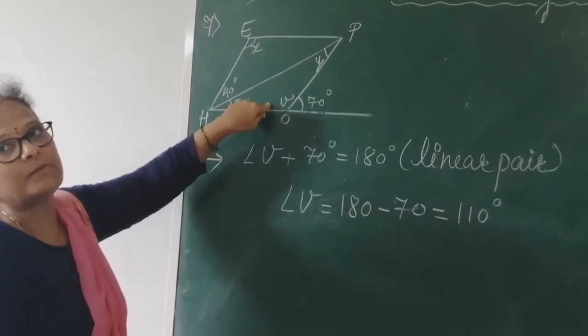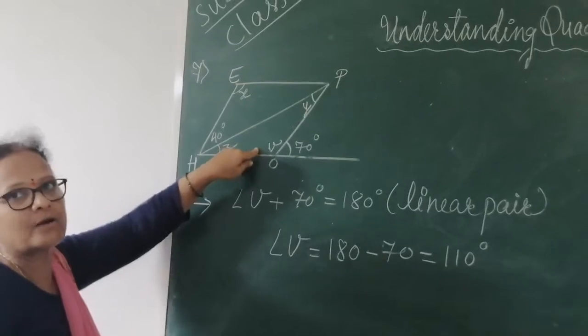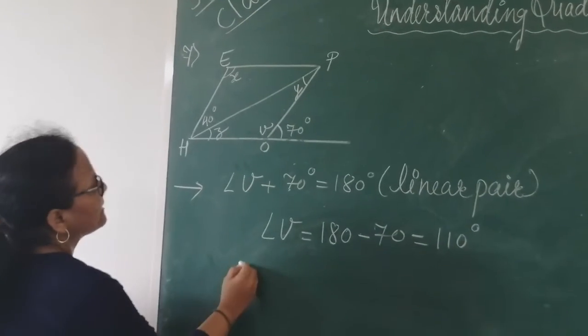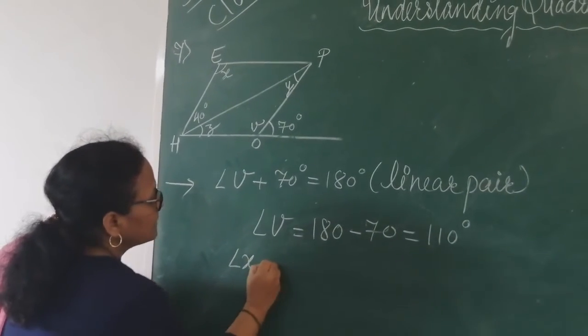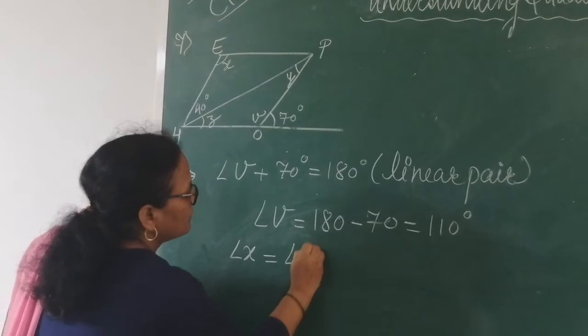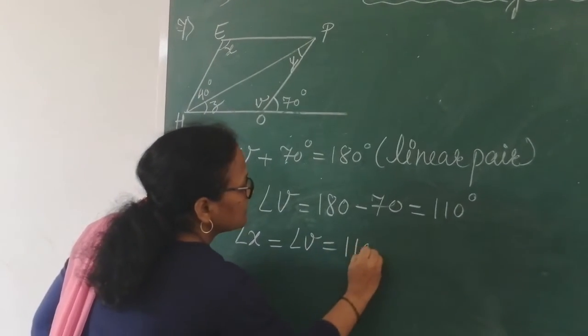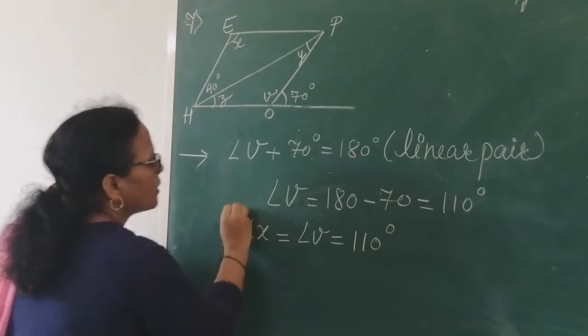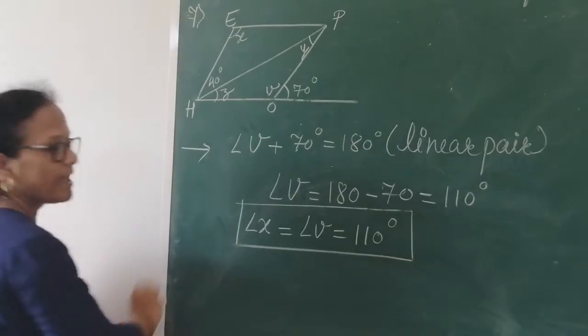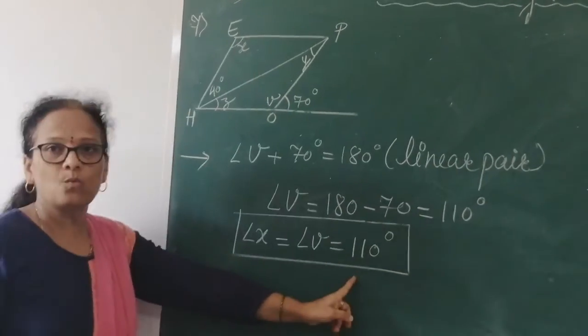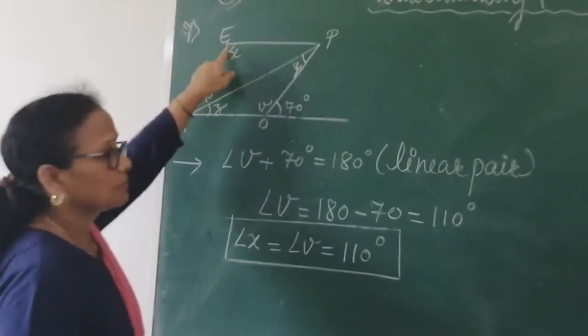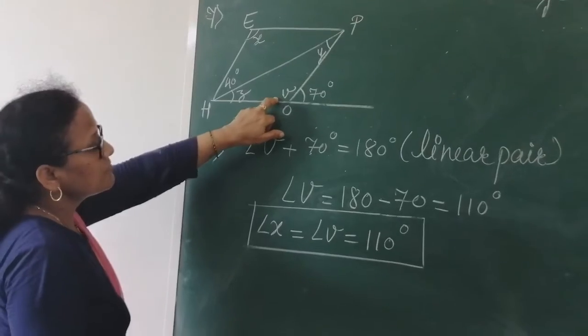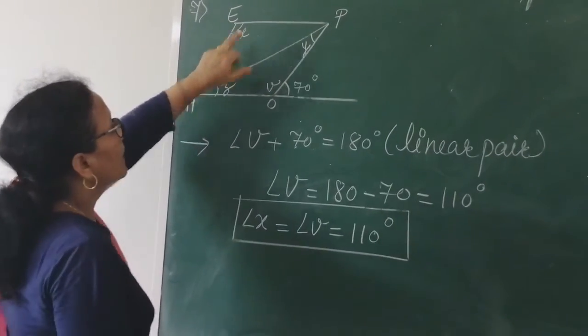Because these two are opposite angles, and opposite angles of the parallelogram are equal. So directly write down angle X is equal to angle V is equal to 110. Here you got the value for X. Okay. Now as this is 110, this is 110.